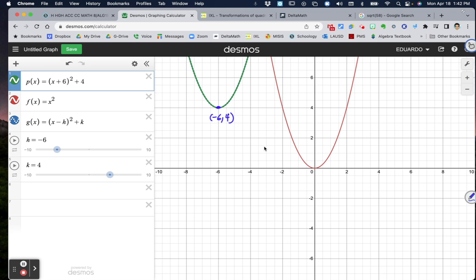All right. So I'm going to give you one more. Negative 2, negative 4. So the vertex goes here. So move the slider so that it moves here. So play around with those sliders again.